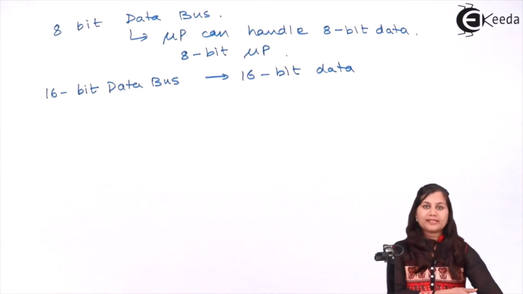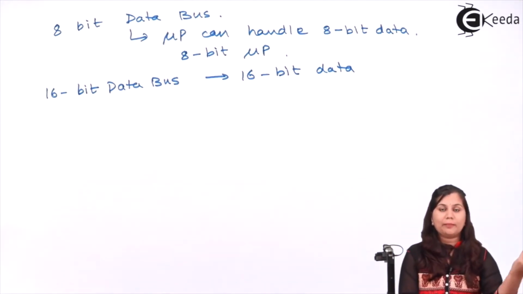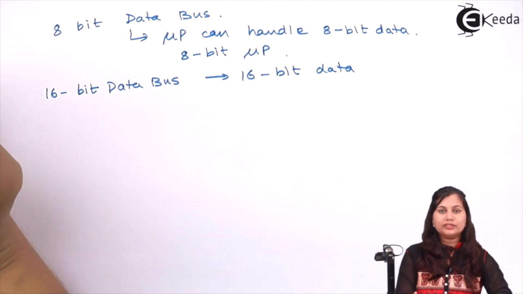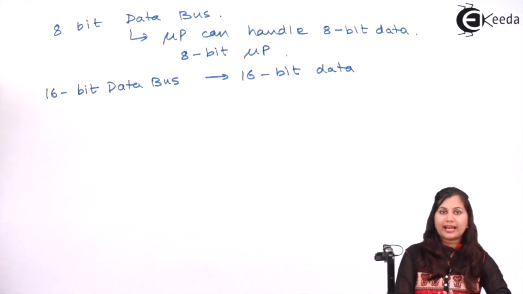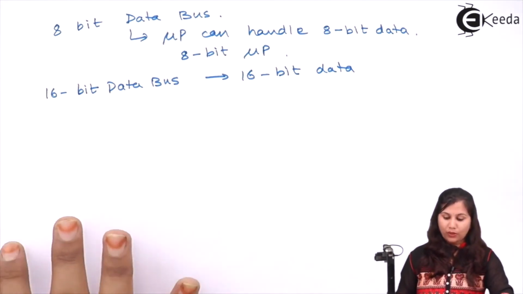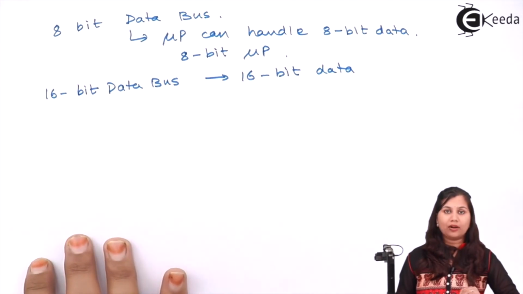We have studied that the microprocessor has various components: the arithmetic logical unit, the control unit, the register array, the memory, and the buses, which are the communication links between the components. So this was all about the microprocessor components.